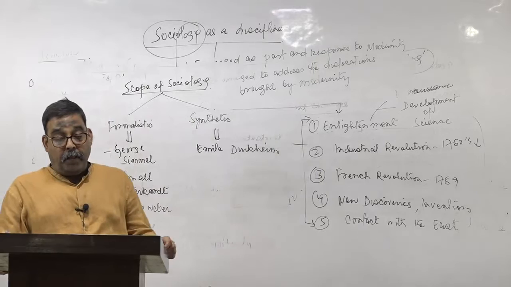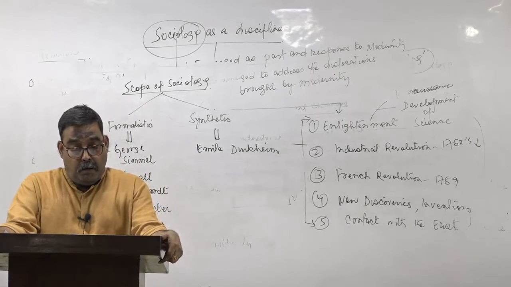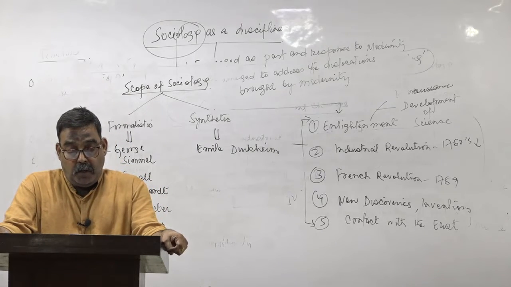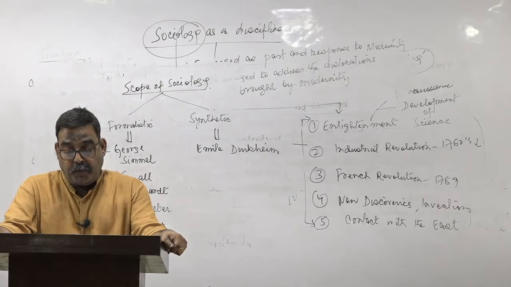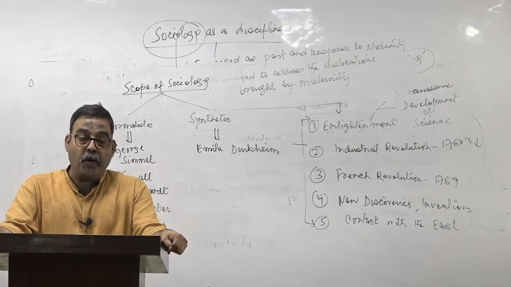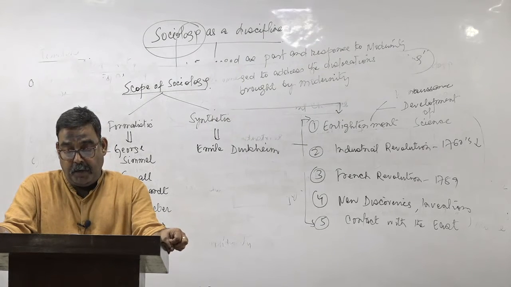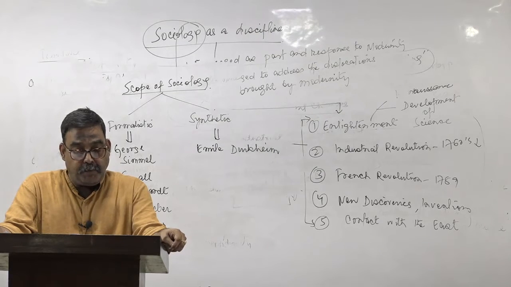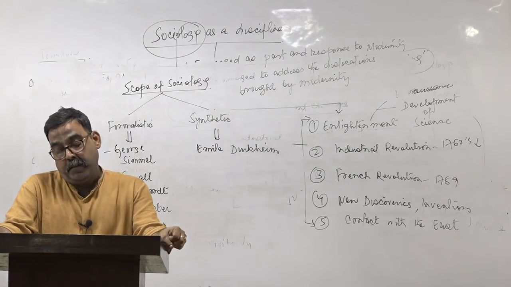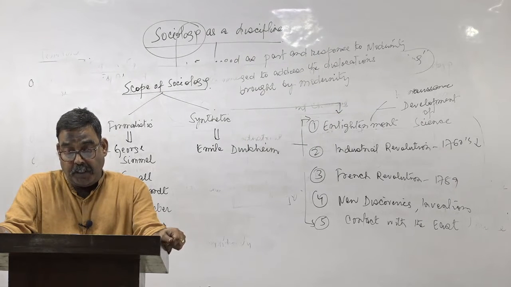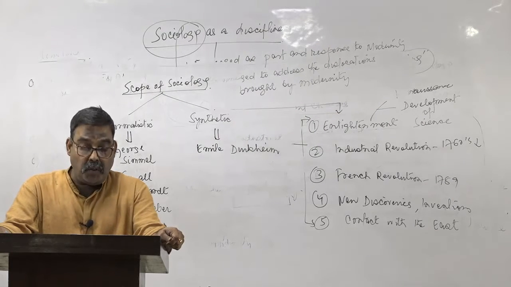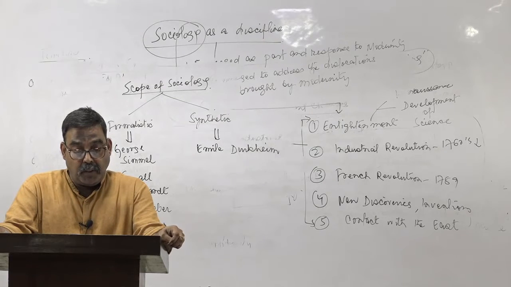I quote Durkheim, who viewed sociology in terms of three principal dimensions: social morphology, which is concerned with the geographical or territorial basis of the life of people and its relation to the types of social organization, population, its volume and density; and social physiology, which is divided into a number of branches like sociology of religion, sociology of morals, sociology of law, sociology of division of labor, where every branch deals with a set of social facts.